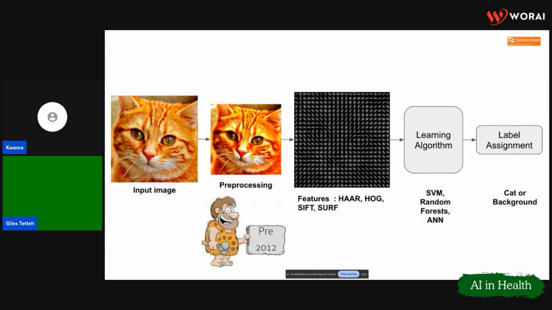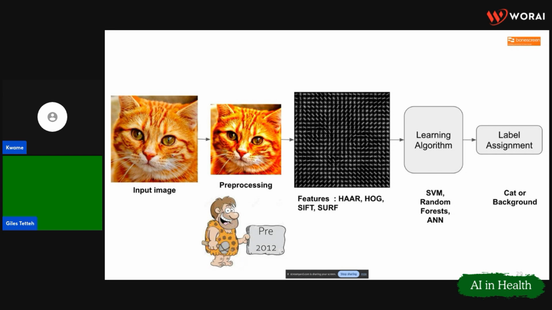Now let's move a bit back and then look at some applications. Now pre-2012, right? From 2012, that is where we have a lot of deep learning coming in. But before that, we still had machine learning, but they were mainly done through this step.